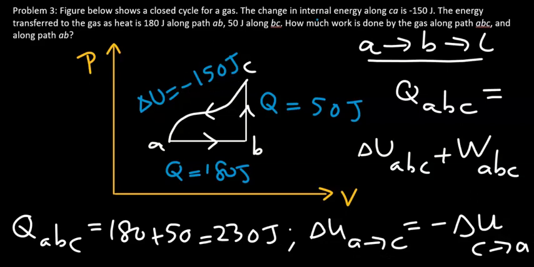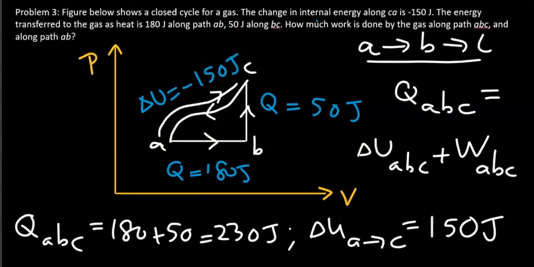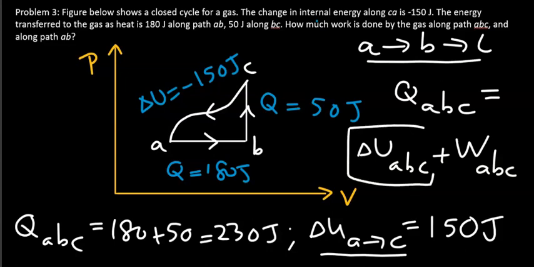So therefore, the change in internal energy from A to C is 150 joules. Right there. Note that the change of internal energy from A to C must be the same as the change of internal energy ABC in this line, because the path does not matter. What matters is the initial point and the final point when it comes to the calculation of the change in internal energy.